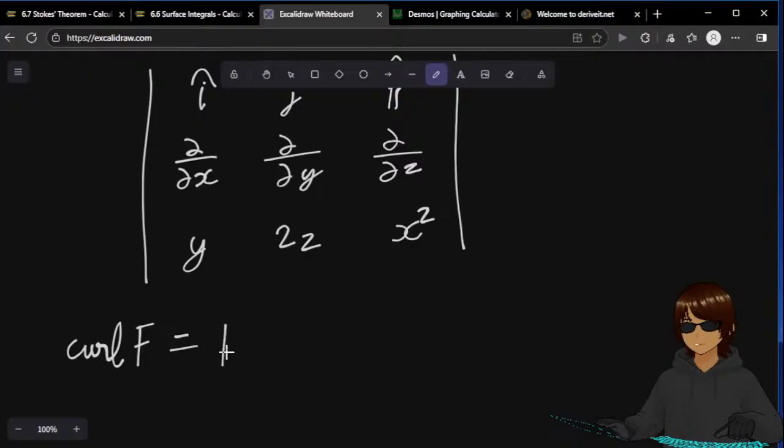So maybe just 2. This, which is 2x, minus this, which is 0. Then this becomes minus because it's unlimited. This minus this, which is just 1.